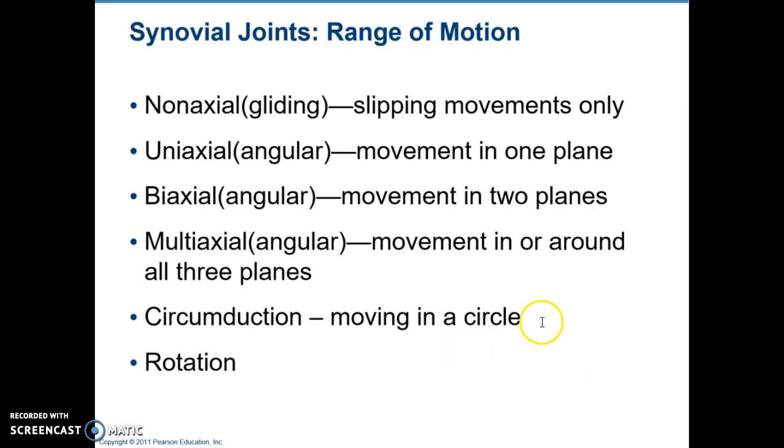And then circumduction is kind of the ultimate multiaxial angular movement, where if you can move through all of the possible planes, then you can make a circle, and that's moving something in a circle. And then rotation is non-angular movement, so no angles between bones are moving. And these will become more clear when we get through some of the different joints that we're going to cover.